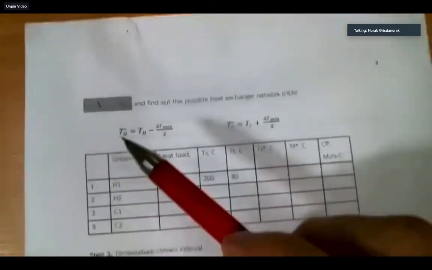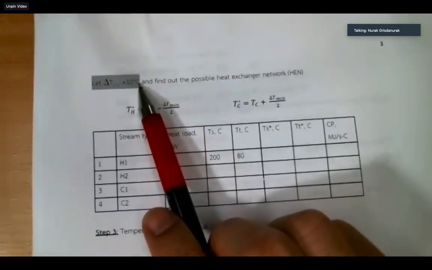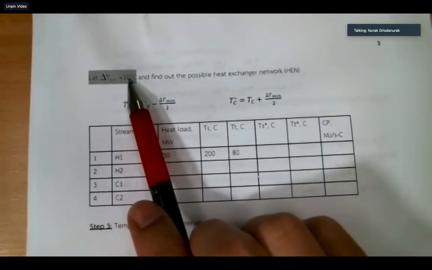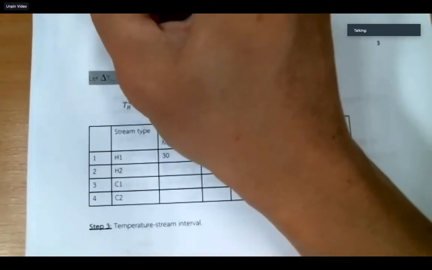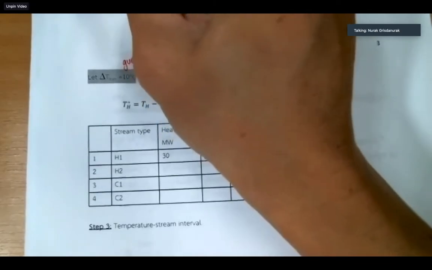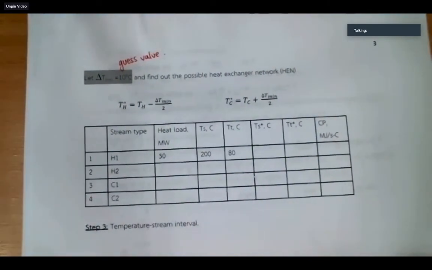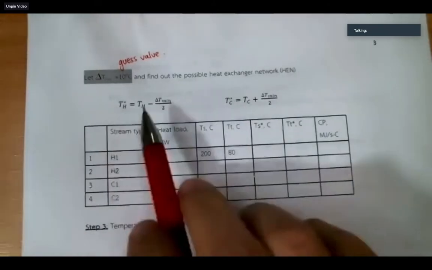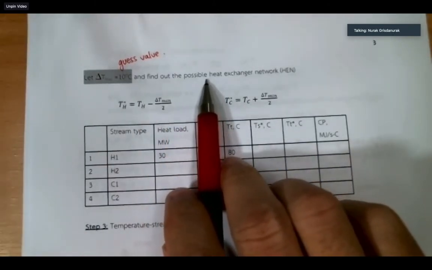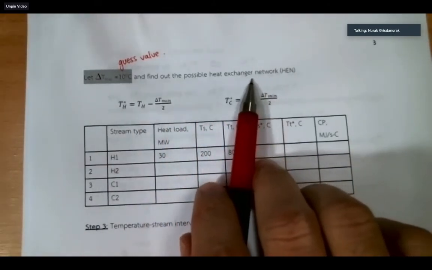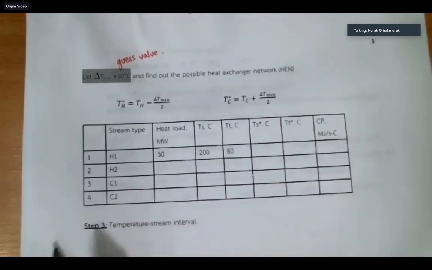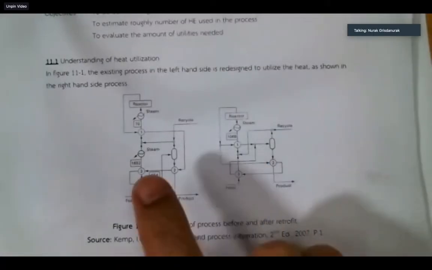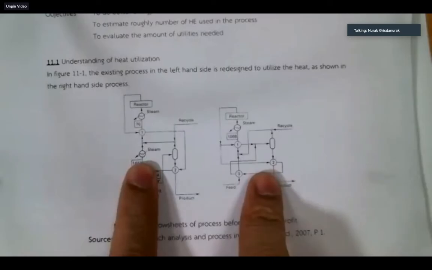Now, let's set delta T min equal to 10 first. Of course, this is a guess value. Then find out the possible heat exchanger network. So we will change from that to this one.